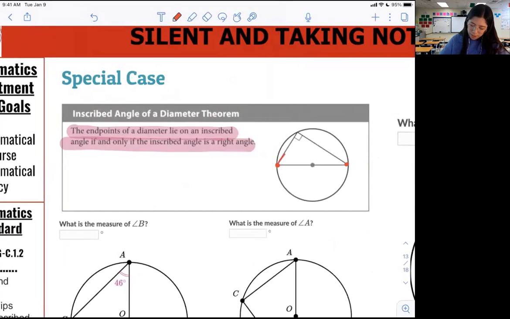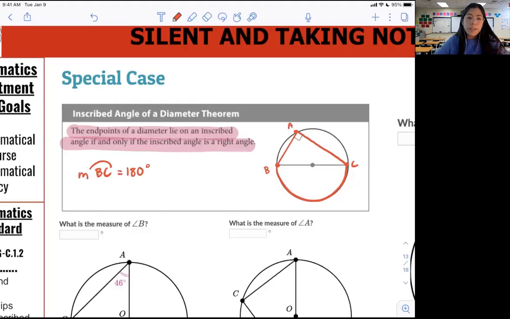Here's my inscribed angle. I can call this A. Now, I know that BC is a diameter. If BC is a diameter, then what is arc BC? 180, good.